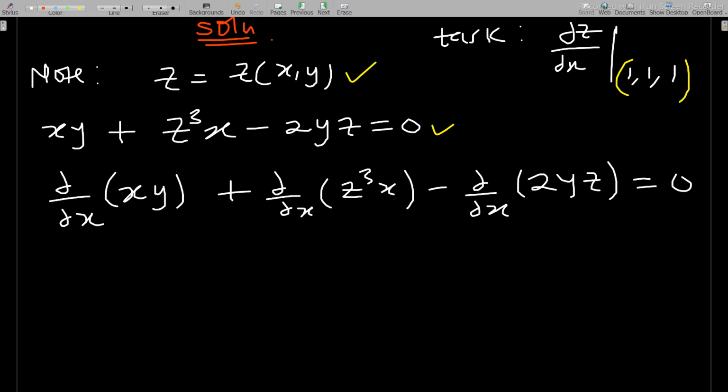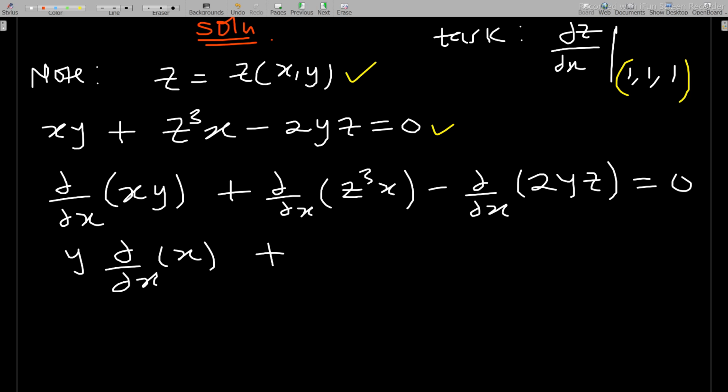Okay, so now with this one, what you can do is, first of all, y is constant apart from x and z. Since z is a function of both x and y, that is why we don't treat it as a constant. So what we do here is we factor our constant y out, del x of x, then plus.